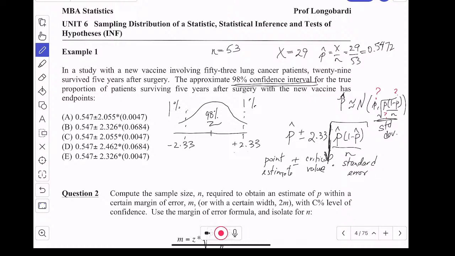And I have p hat. All I need to do is get, so that's going to be the standard error.